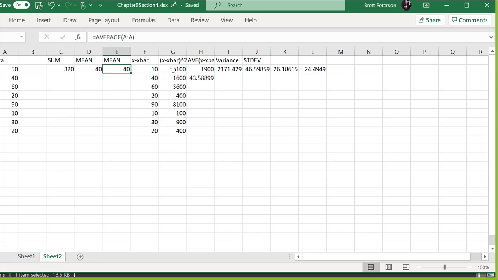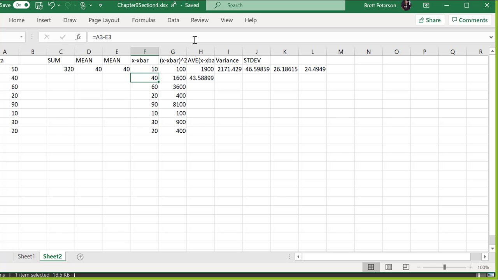Yeah, those are right. A2 minus, here's our problem. A3 minus, here's the problem. In my formula I forgot to lock my variable. So the mean wasn't moving. So when I was going down, notice it's trying to subtract E3.